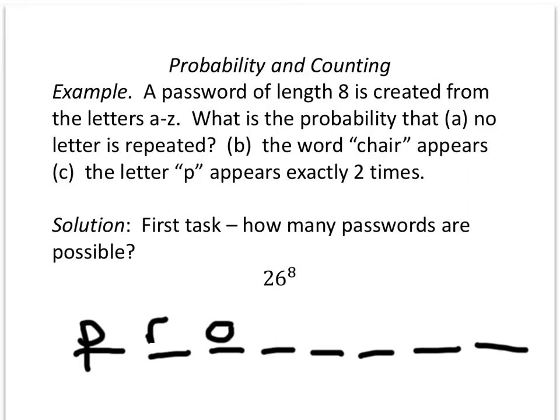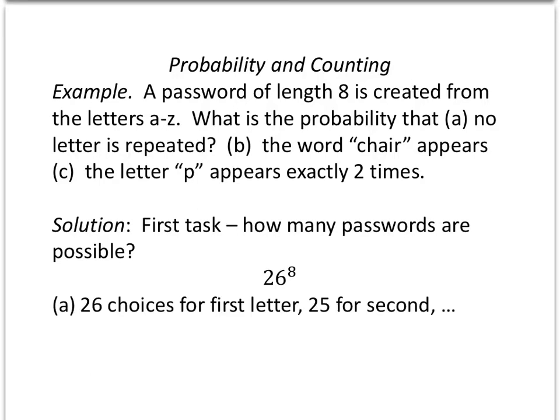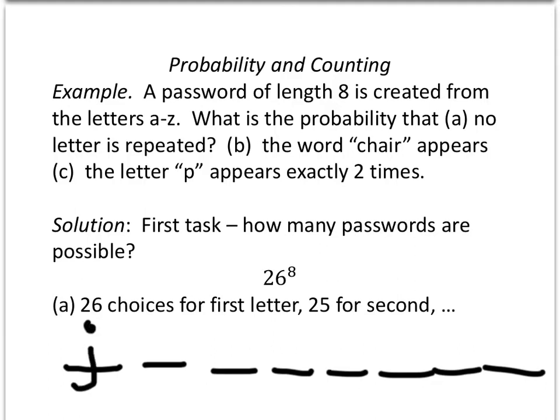Now let's focus on getting no letter repeated. Well, if no letter is repeated, what we want to do is, again, we want to imagine those spots. There's 4, 5, 6, 7, 8 spots. We can pick any of the 26 letters we want for the first spot. So as a sample, let's suppose we pick J as our first letter. Okay. For the second letter, we can pick any that we want.